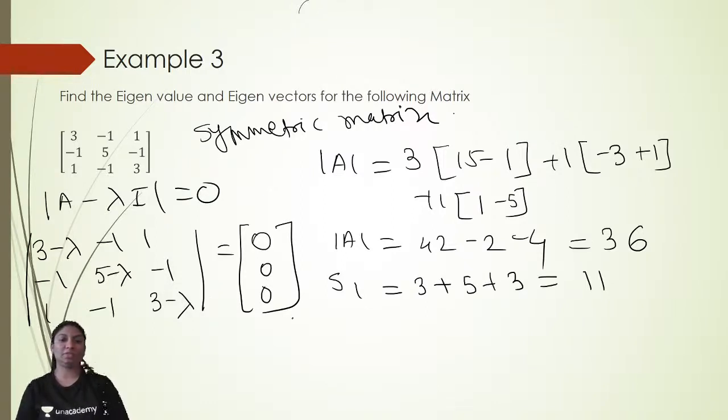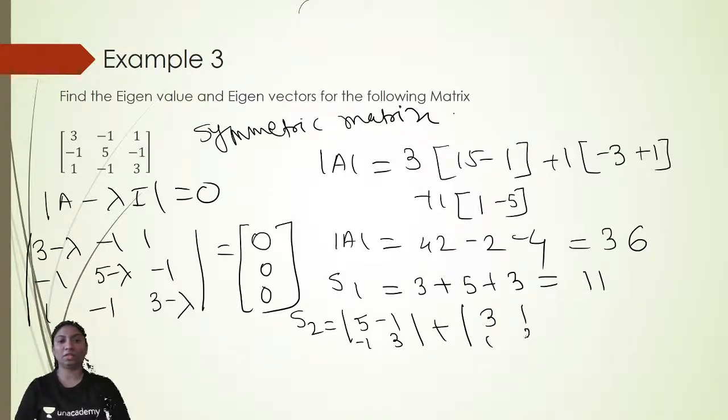So S2 is equal to the determinant of 5, minus 1, minus 1, 3, plus the determinant of 1, 1, 1, 3, plus the determinant of 3, minus 1, minus 1, 5.